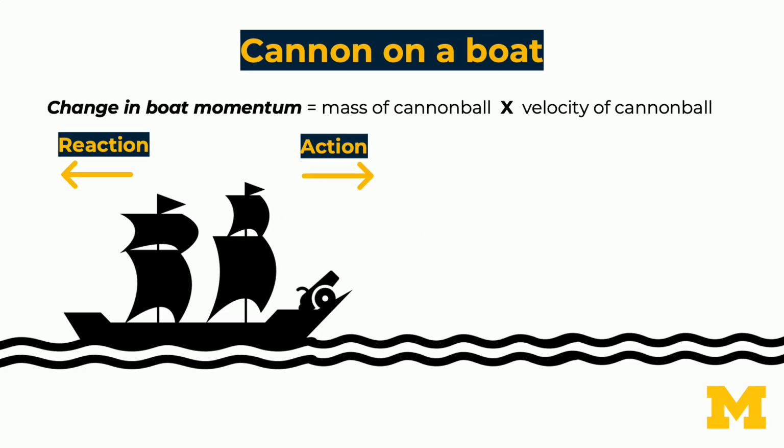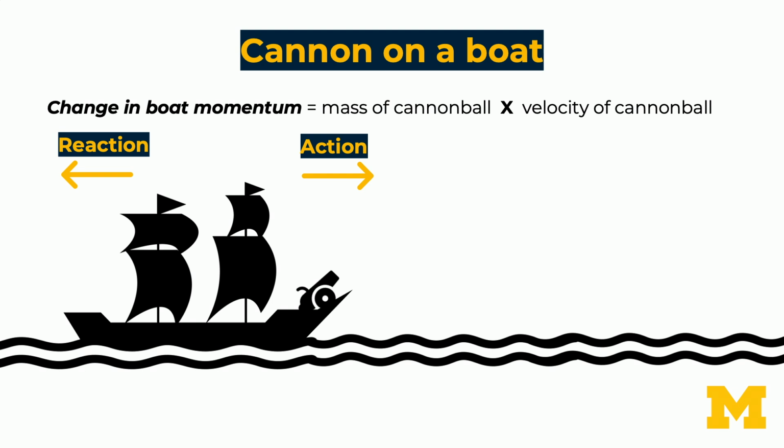So let's go back to our cannon on a boat example. The change in the boat's momentum is equal to the mass of the cannonball times the velocity of the cannonball, because the boat is losing the mass of the cannonball. That mass of the cannonball is going off in one direction with a given velocity.